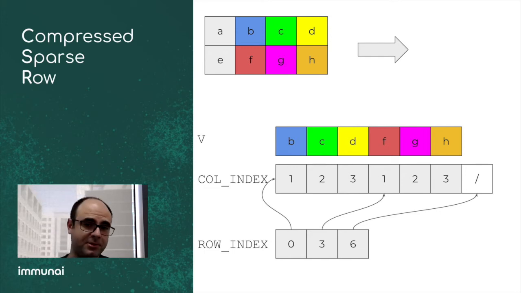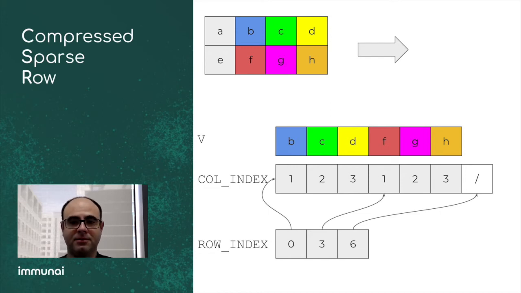And finally, we need to reconstruct where each row begins. And to do that, we have a separate array called row index, which remembers the beginnings of each row. So, for example, the first row always begins at index 0. The second row, in our case, begins at index 3 in V and column index. So we put 3 there.